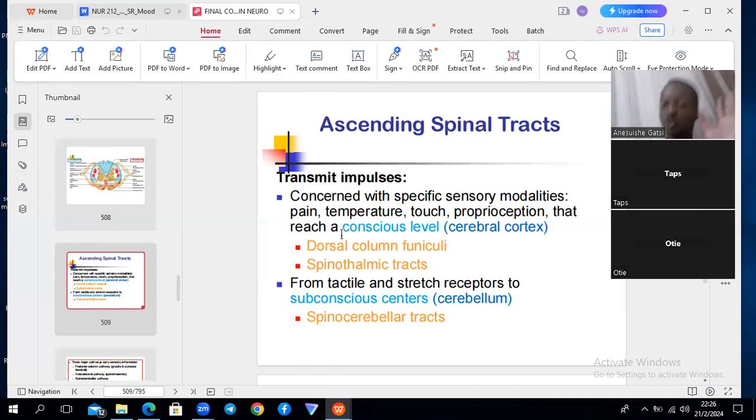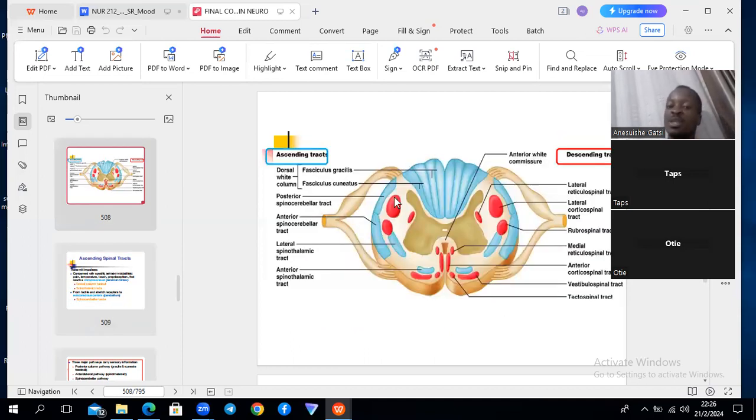If you remember the cross-sectional anatomy of the spinal cord that I told you the other time, the spinal cord has this central gray matter, which looks like an H. Then the rest of the spinal cord is the white matter, right? So when you look at this white matter, let me put emphasis on this. Diagrams, for example this diagram here, are put in this way to make things easy to understand, but they are not really like this.